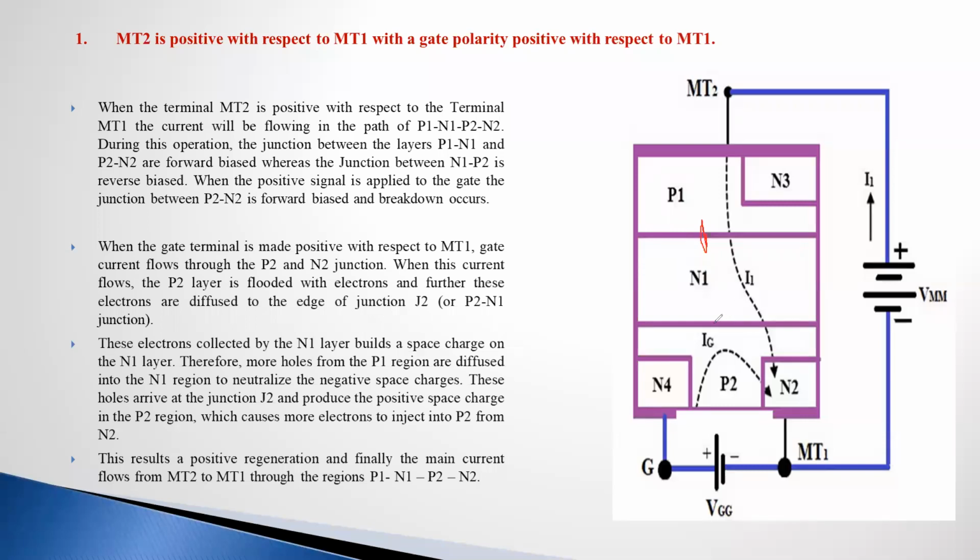Next, what will be the junction between N1 and P2? What about this junction? Forward bias or reverse bias? Can anyone say? What about this junction N1 and P2? Forward bias or reverse bias? Anyone, please?